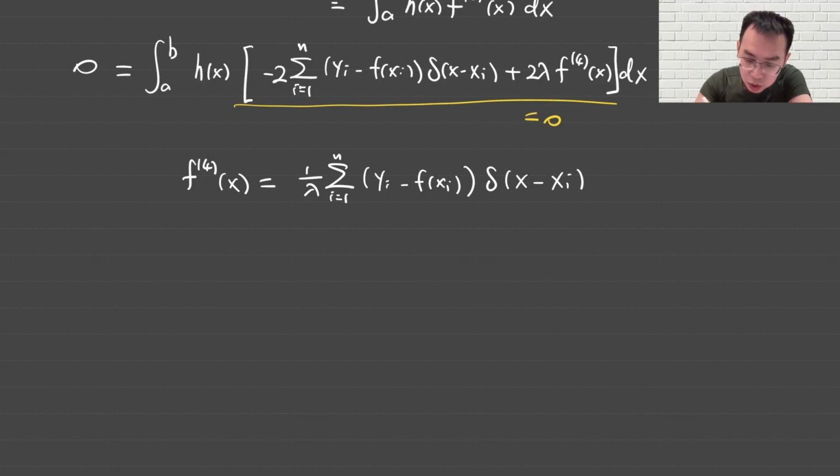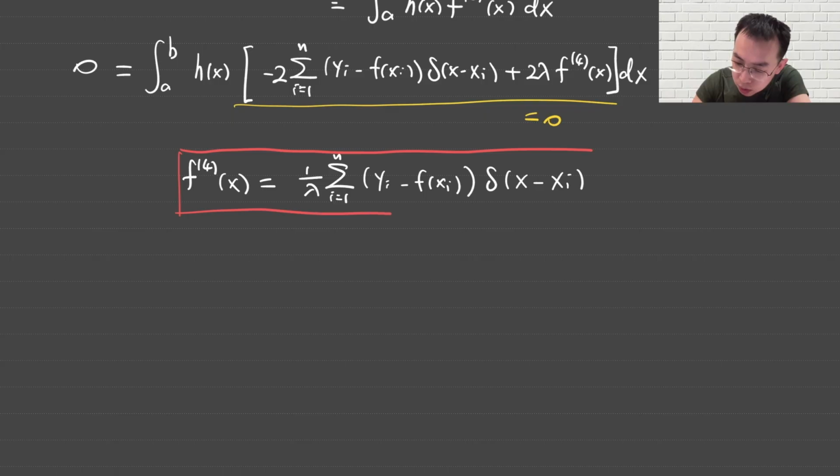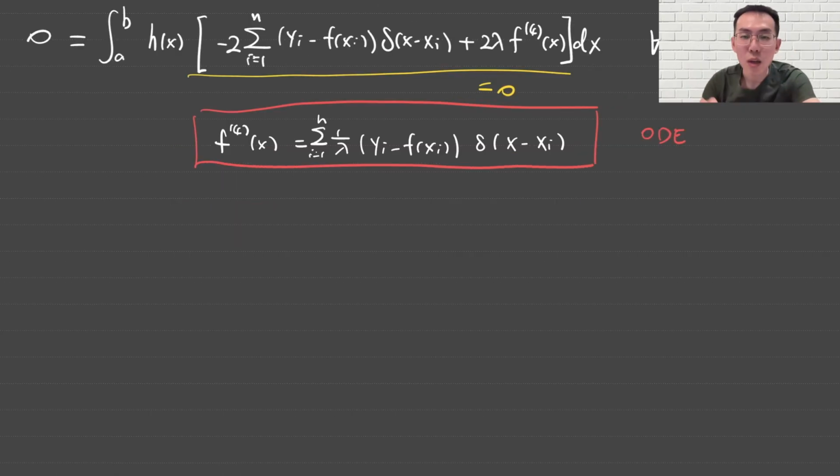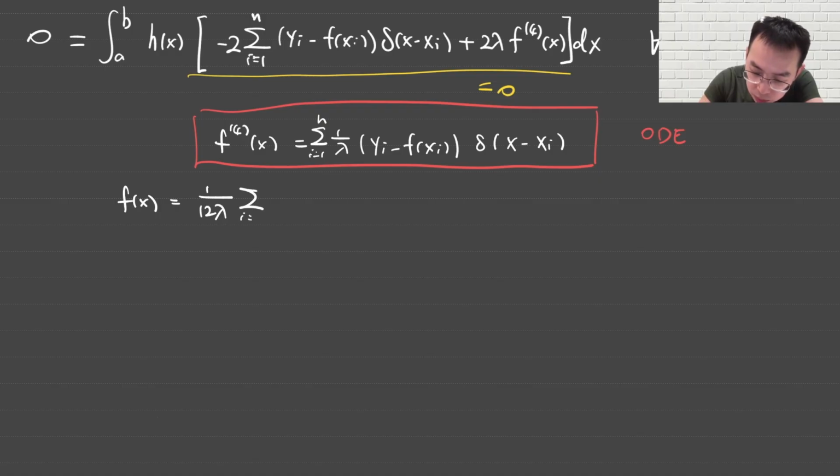Okay, so this equation is what we got out in the end. It is an ordinary differential equation that we can solve. I'm just going to write out the solution for this ODE and let's check if it makes sense. So f of x equals 1 over 12 lambda summation yi minus f of xi, and then we have x minus xi to the third power.